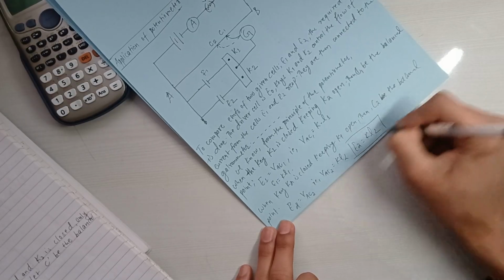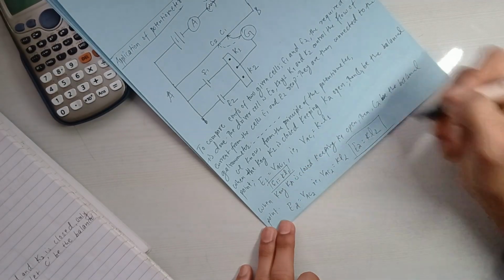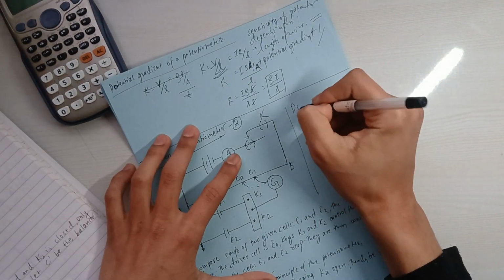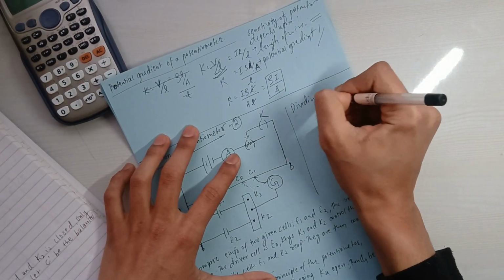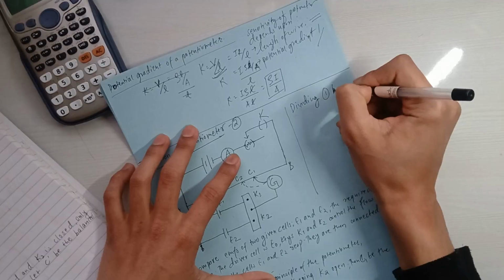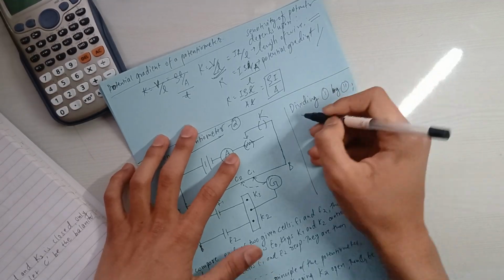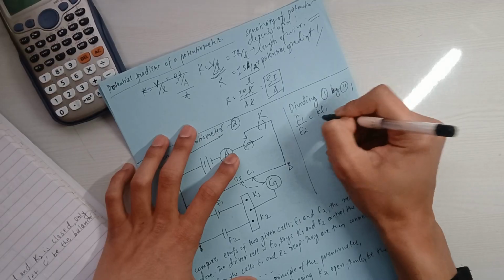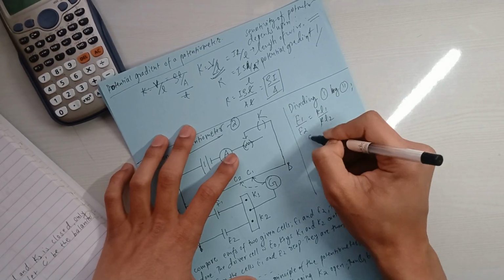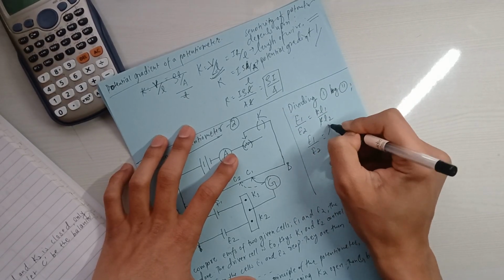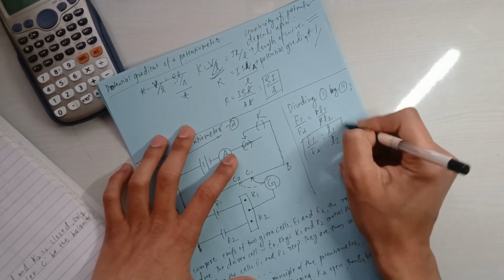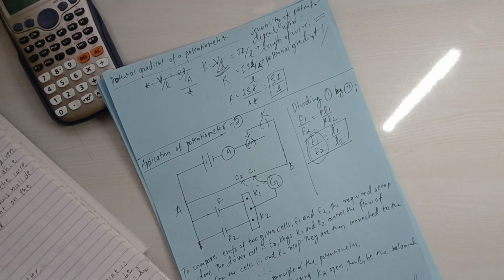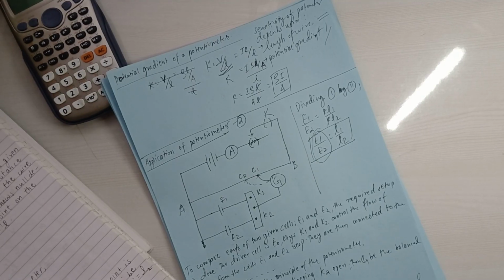So we have E1 and E2. Now we just divide them. Dividing equation 1 by 2, we get E1 by E2 equal to KL1 by KL2, so E1 by E2 equal to L1 by L2. This is the relation between the EMFs of the cells that can be compared this way. That is how you derive this relation.